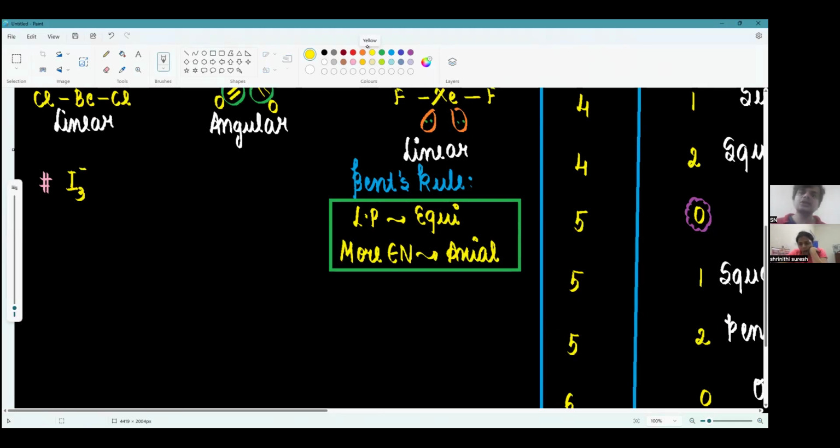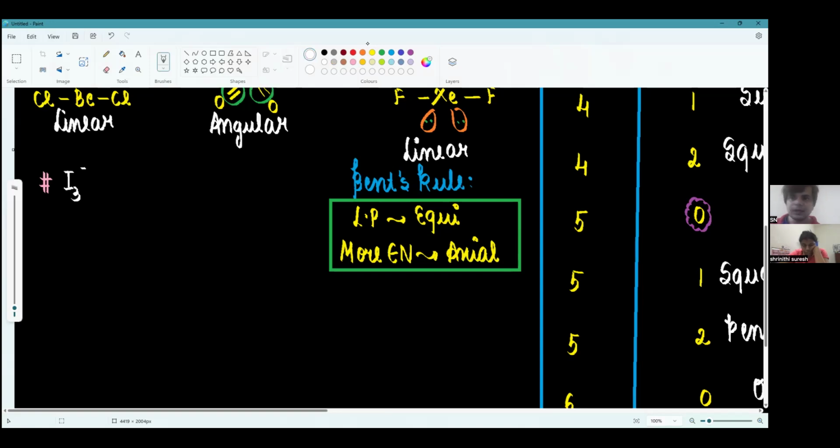So where should the lone pair be kept? 2 sigma 3 lone pair, geometry will be trigonal bipyramidal, shape will be linear. So where should the lone pairs of electrons be kept? We will keep them on equatorial.